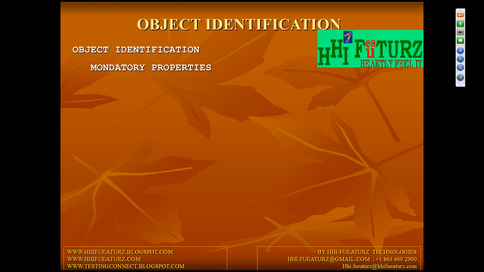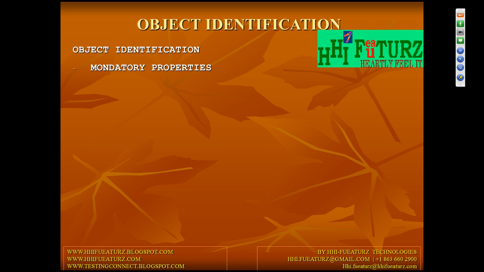Those properties you consider as mandatory, compulsory properties. To identify any object, at least one property you should have, a minimum number of properties you should consider. That is nothing but compulsory properties.